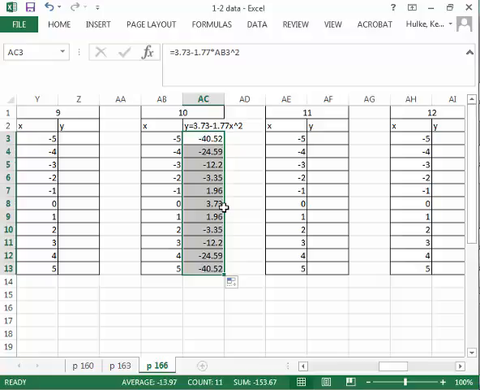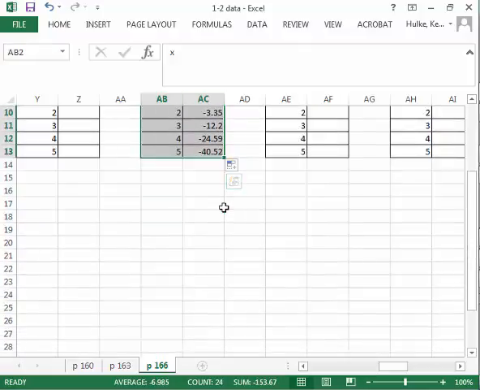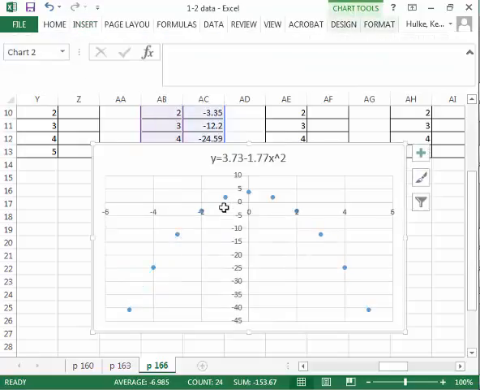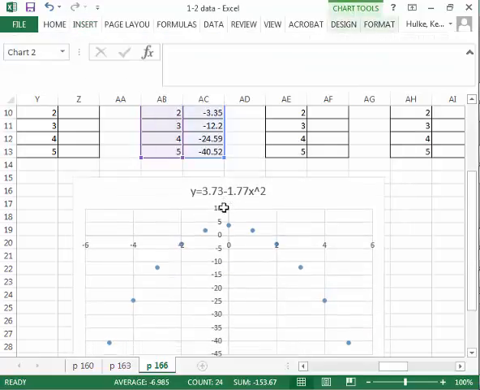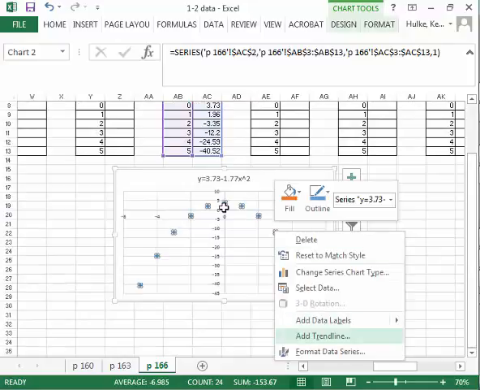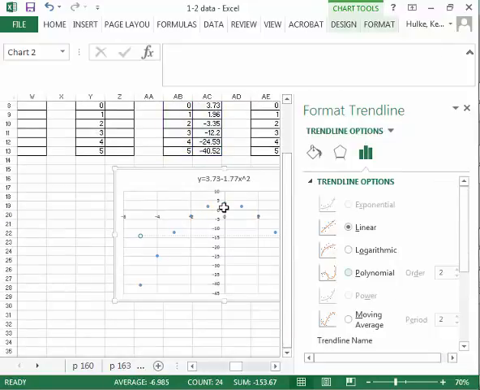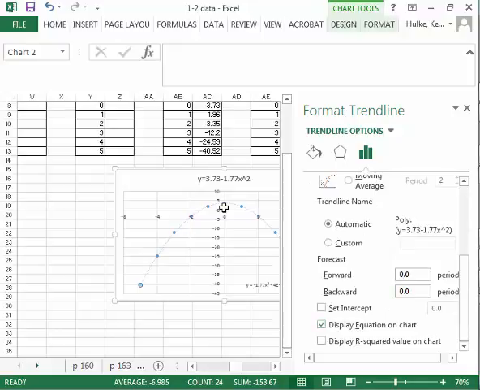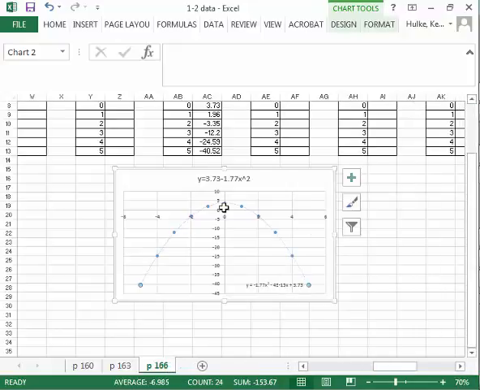and when I graph it, let's see how it looks. So I'm going to start at the x and go down to the negative 40. Insert a scatter plot. I'm going to make it so that you can see the whole thing. I'm going to add the trend line, polynomial of order 2 because it's to the second, and get the equation on the line, and it comes out.